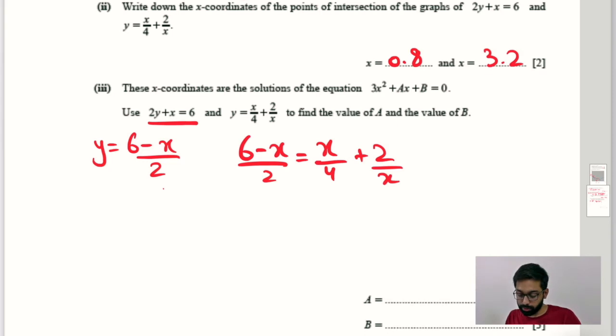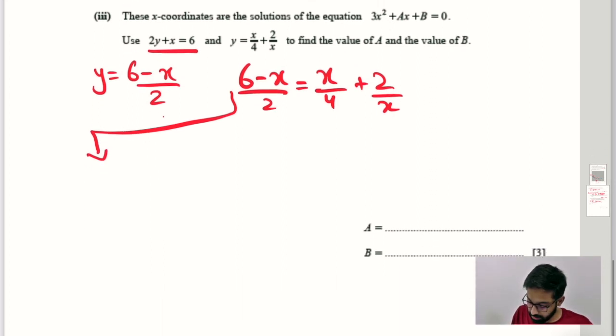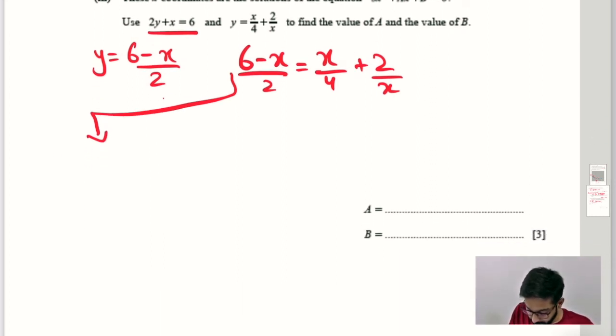Now, in order to cross multiply the denominators, we will need to find the LCM on both sides first. You already have the LCM of the left equation, but you need to find the LCM of the equation on the right. So 6 minus x over 2 remains as it is.